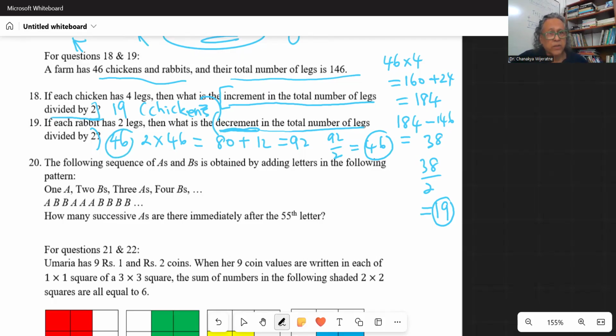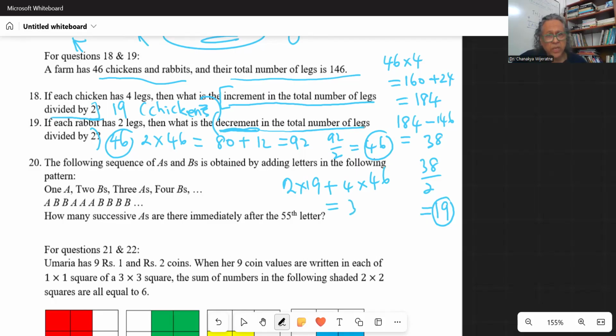The actual total number of legs should be 146. So 2 times 19 plus 4 times 46 should be 146. Let's check.